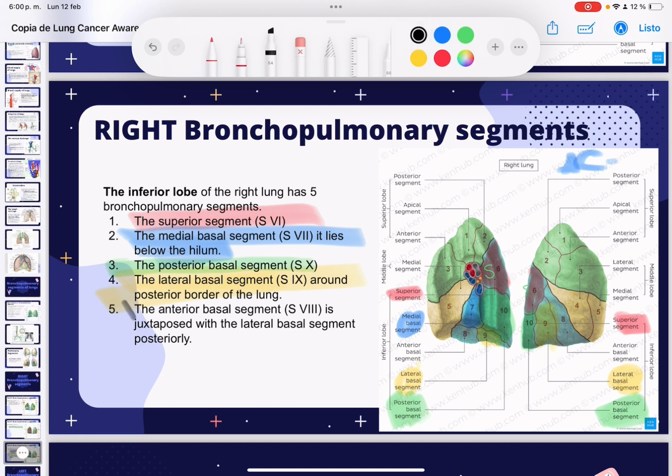And the anterior basal segment is 8. Anterior basal segment. Yes.